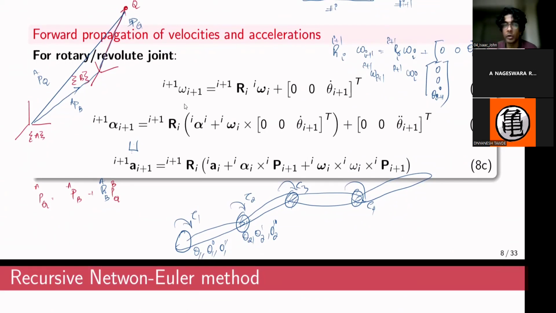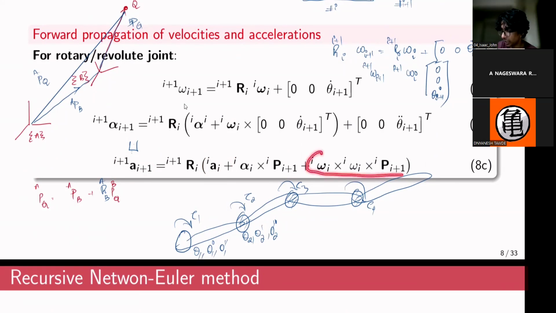So the first equation deals with the propagation of angular velocities. The second equation deals with the propagation of angular accelerations. And the third equation deals with the propagation of linear acceleration. That basically says the linear acceleration of the current link is nothing but the linear acceleration of the previous link, plus this familiar looking term, which is the tangential acceleration caused by the previous link.